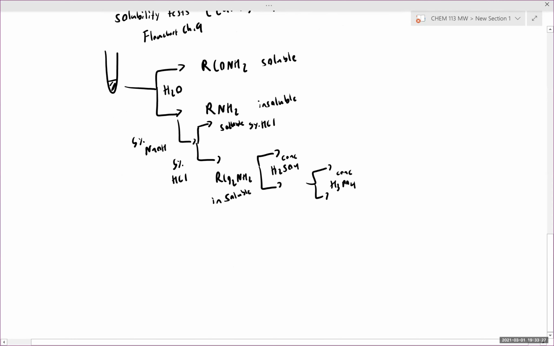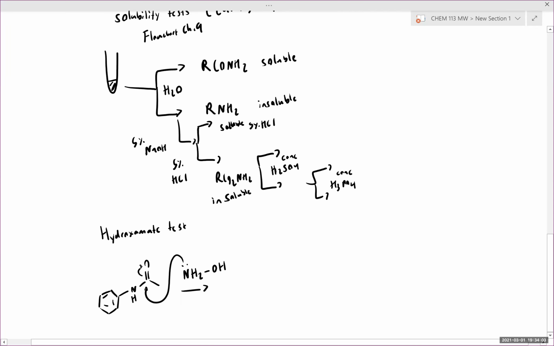So for the next part, we're going to be doing the chemical tests. So the hydroxamate test. We're going to take our amide, in this case acetanilide. And then we're going to treat our acetanilide with the hydroxylamine hydrochloride salt.